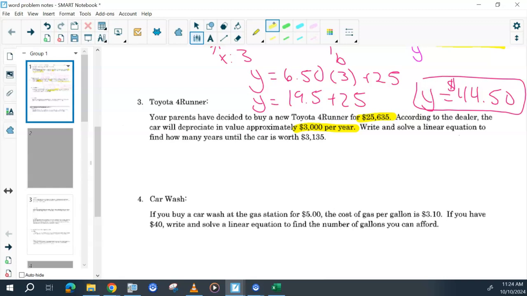How many years? Correct. Okay. So same as before, we have to find what is y, x, m, and b. I think 3,135 is the y, because that's going to be your total at the end.